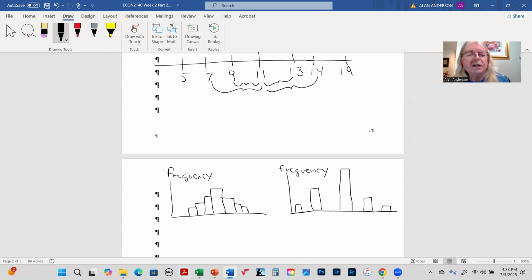So on the left-hand side, in this sample, the data are on average very close to the center. Or the mean. Okay, in other words, we're specifically talking about the mean here.